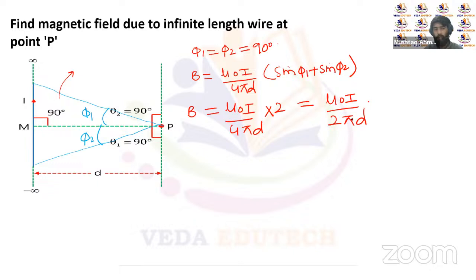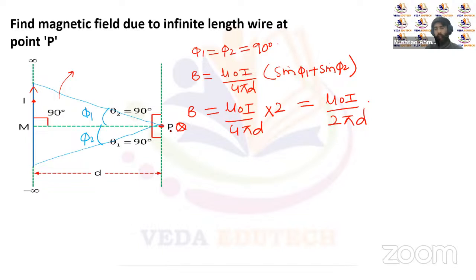And the direction of this magnetic field, we can find using the right hand thumb rule. If we place the thumb in the direction of the current, then the direction of the curl of the fingers at this point P gives us the direction of the magnetic field. So this magnetic field here is perpendicular to this plane and into the plane.